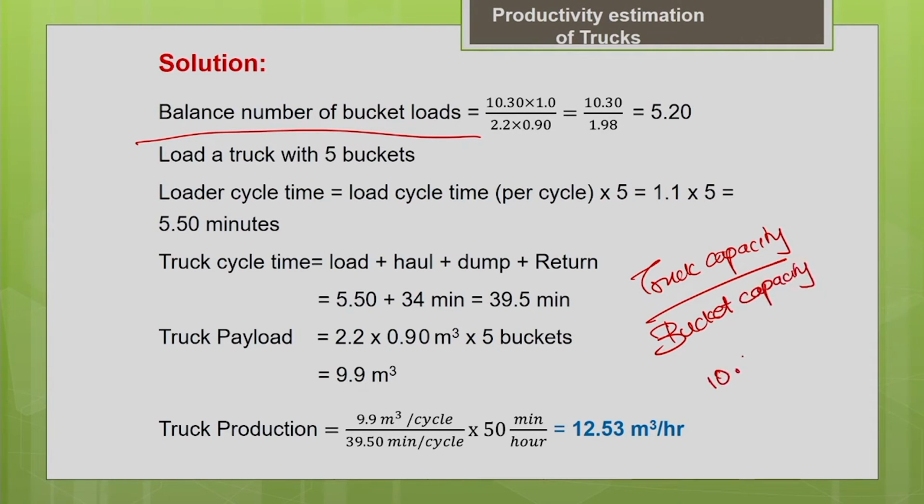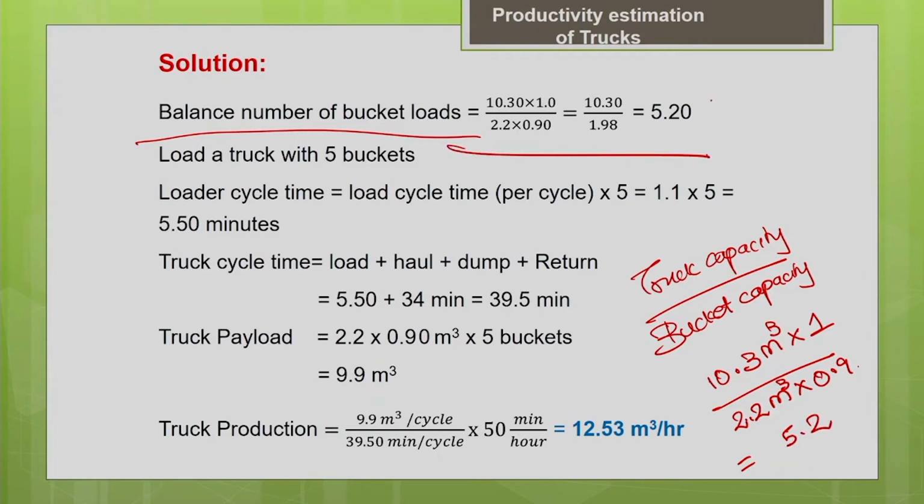It was given as 10.3 meter cube. You adjust it with the fill factor, truck fill factor is given as 1. Similarly, the bucket capacity is given to you as 2.2 meter cube. You adjust it with the fill factor, it is nothing but 0.9. So you will get the answer as 5.2. Okay, you can see here 5.2 is the balanced number of bucket loads.